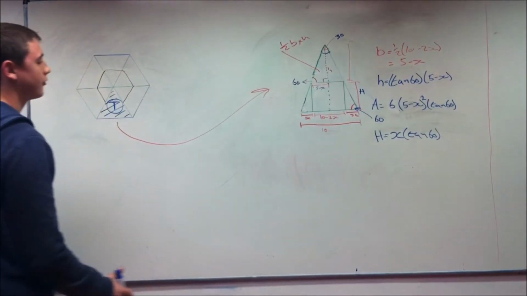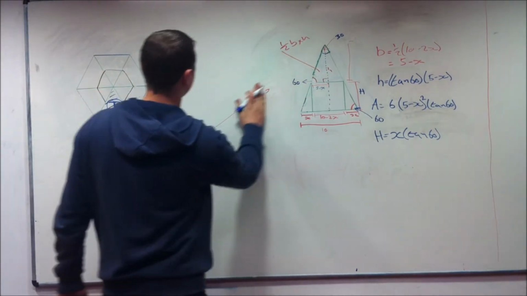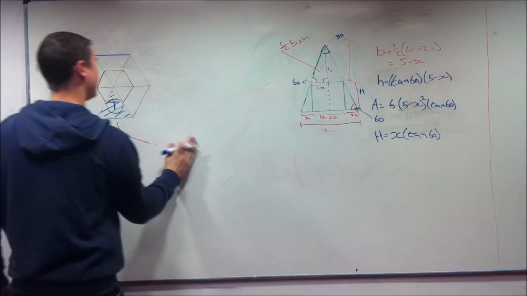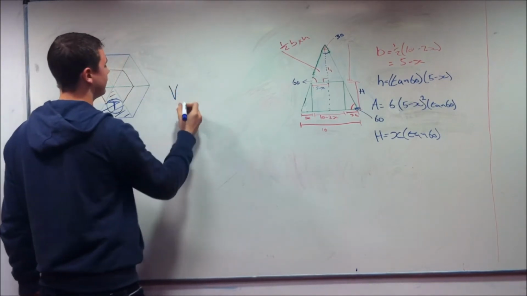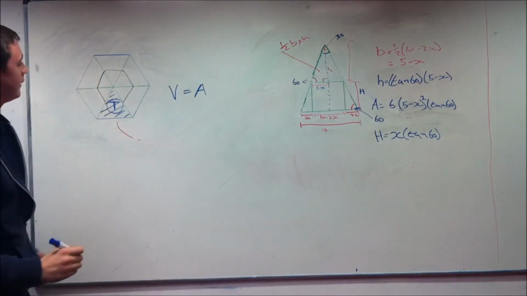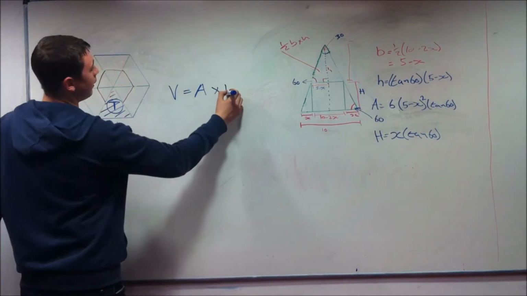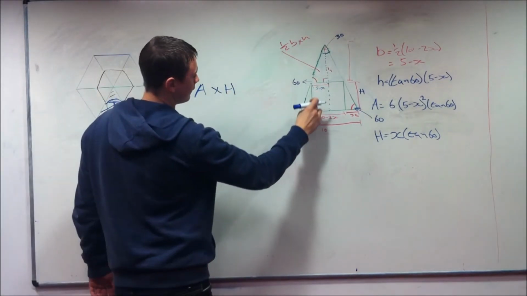Right, and then to work out the total volume of the shape, it's going to be, so the volume is going to be the area of the inner hexagon times by the height, which we've drawn here.